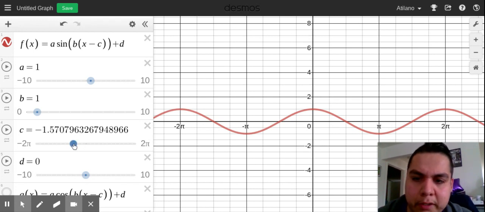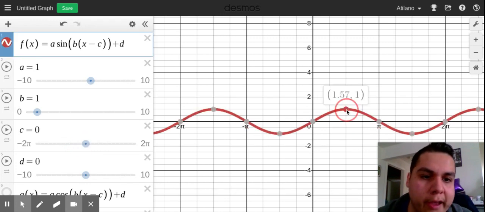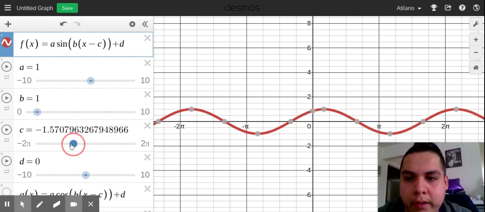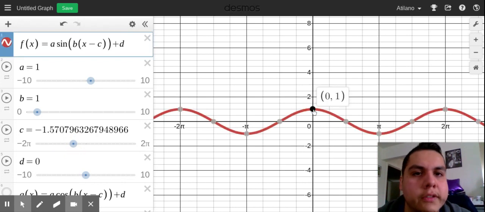Okay, hold on. Let me double check. 1, 2, 3. Okay, so it moved this point at pi over 2, comma 1, to 0, comma 1. I feel like I've seen this graph before as well. Interesting.